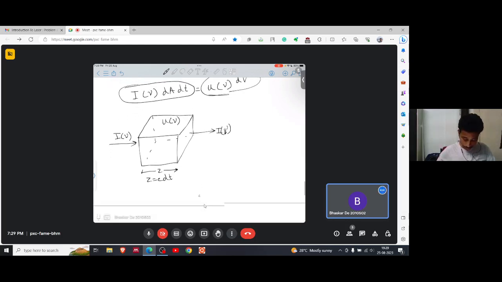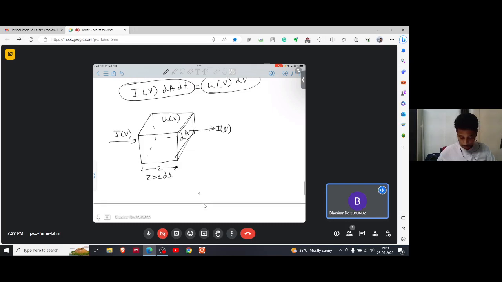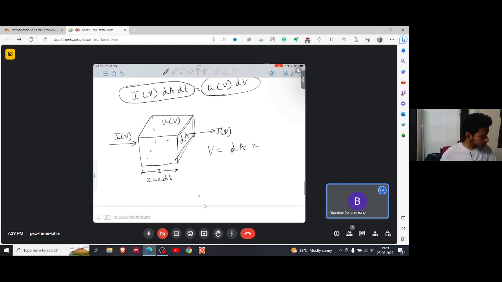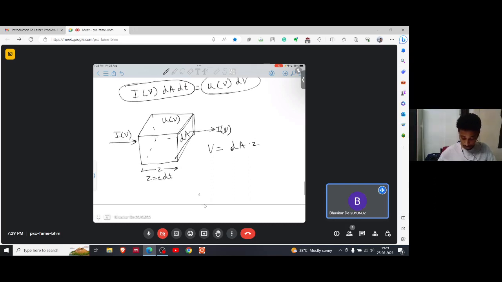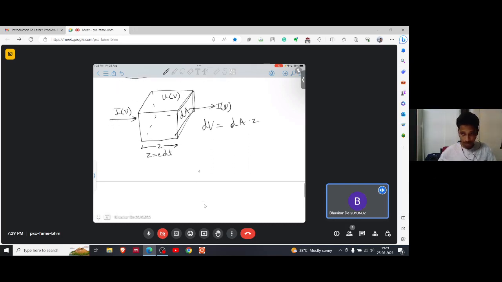This particular surface has a cross section of dA, so dV equal to dA multiplied by z.